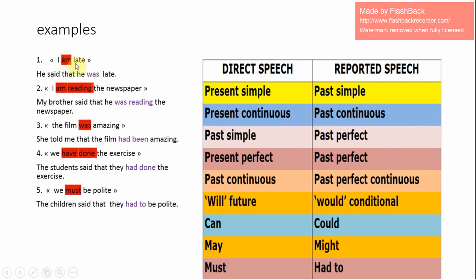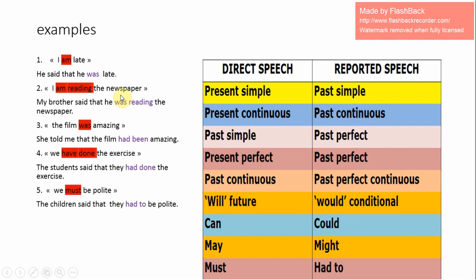I am late. I am late. Here we have the verb to be in simple present. So it should turn into simple past. So the sentence will be, he said that he was late. Am, was. Simple present, simple past. I'm reading the newspaper.